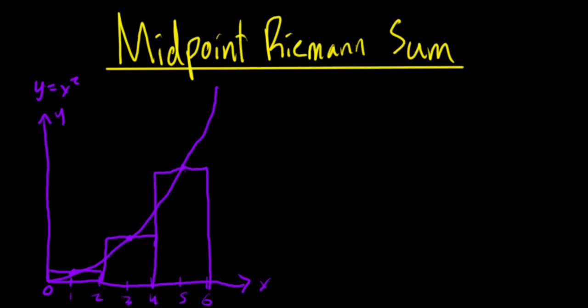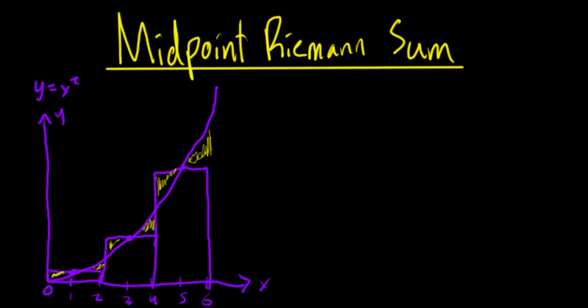So we've got our rectangles drawn, and as you could see, let me change up the color a little bit. As you could see, we're underestimating right here, but we're overestimating right here. Underestimating right here, overestimating here, underestimating here, overestimating here. So that's why the midpoint Riemann sum can be a good choice when trying to approximate this area under a curve, because it kind of cancels out that issue of over approximating and under approximating that we had when we were doing left and right Riemann sums.